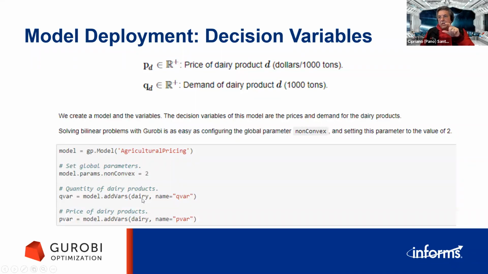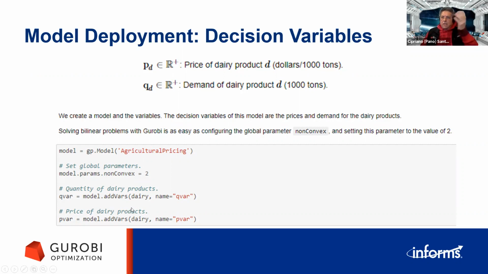So for each dairy product, we are going to create a variable, and all of those variables are going to be captured in this qBar object. And also, this will be the name of the variable, which is exactly the same name as the object. And there are other arguments that we can use here, but we are using the default. So as default, the variable will be non-negative continuous, and there are no upper bounds or lower bounds.